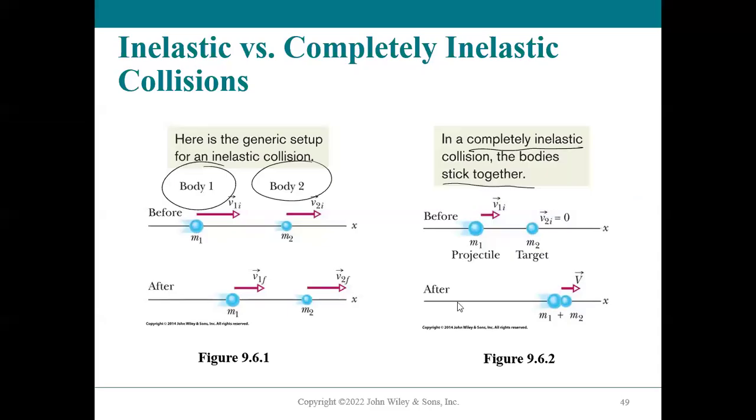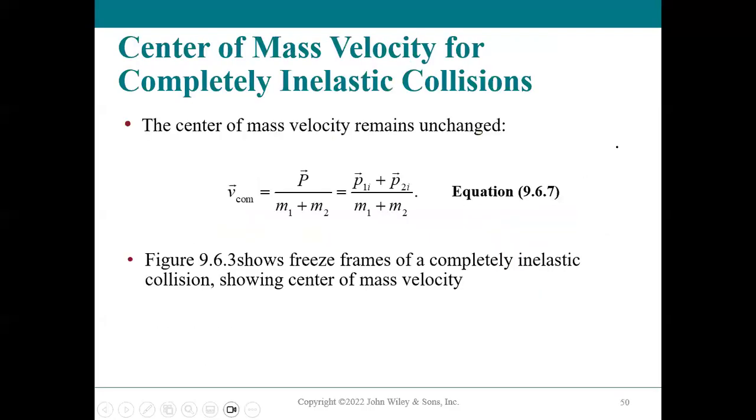For the center of mass velocity in a completely inelastic collision, the center of mass velocity remains unchanged. So the total mass times the velocity of the center of mass is equal to the total momentum, which is the initial momentum of particle 1 plus the momentum of particle 2.